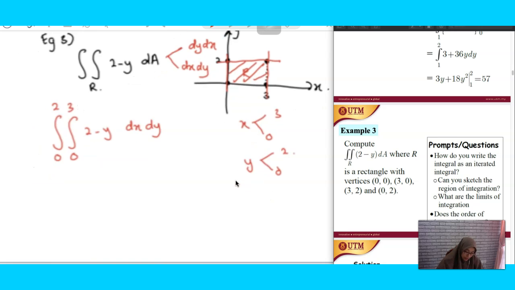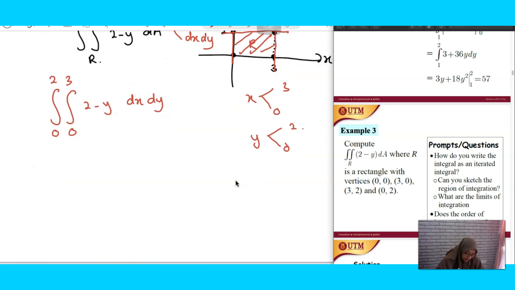Now you have a complete double integral, so we can start to integrate, which means you solve the inner integration first. You integrate 2 with respect to x, so you have 2x, and then y is constant, so integrating yx gives yx.